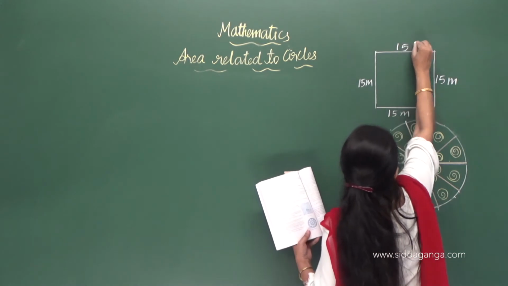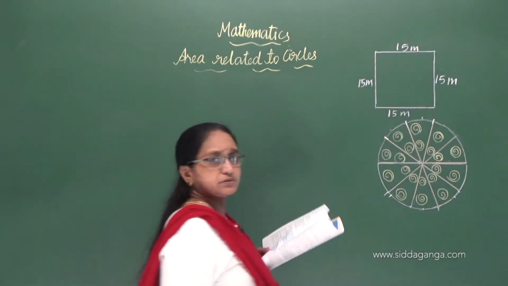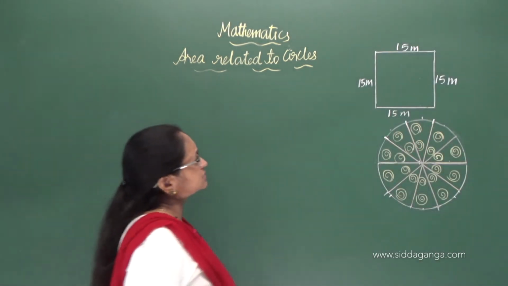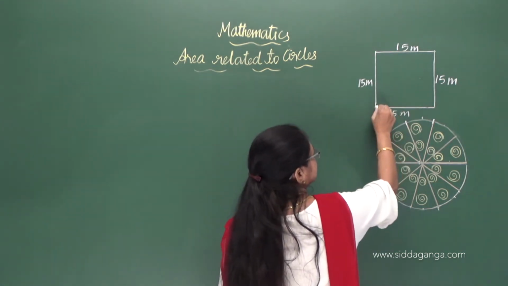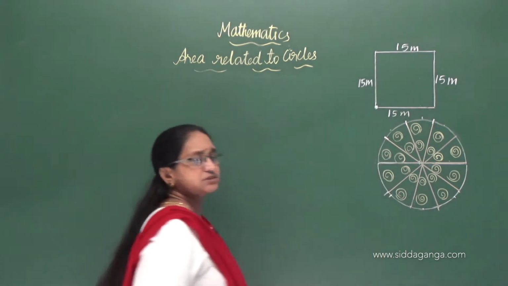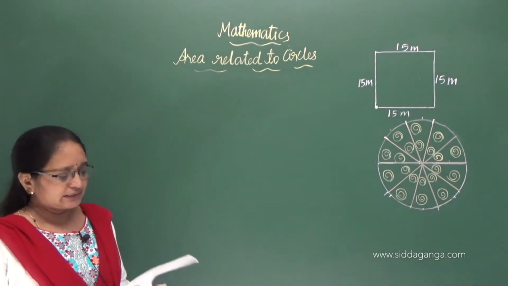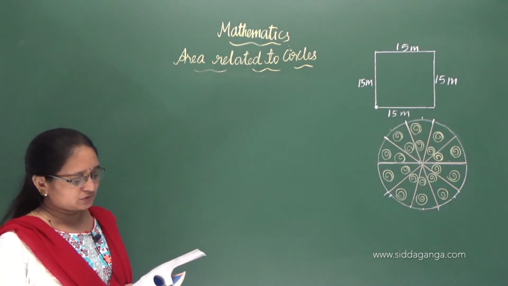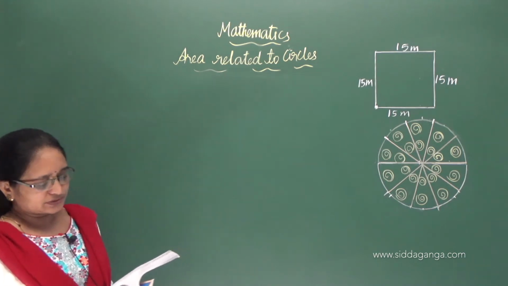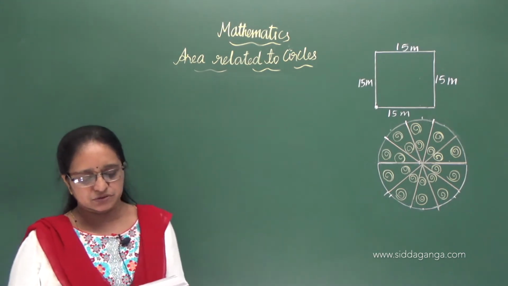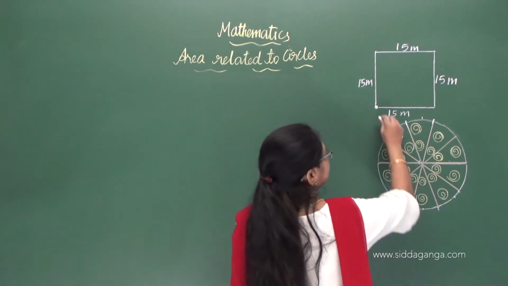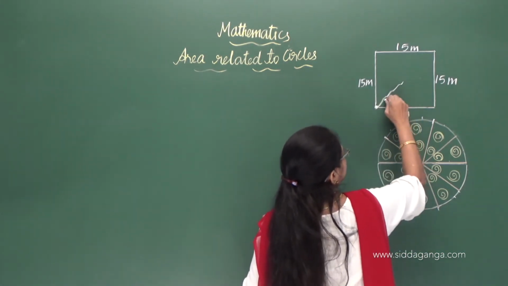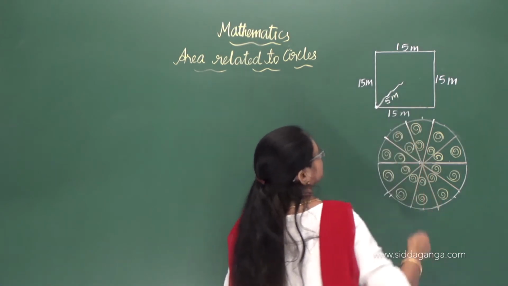The horse is tied at one of the corners. So we will take it that it is tied at this corner and it can graze. The length of the rope is 5 meter, so this is a 5 meter long rope.